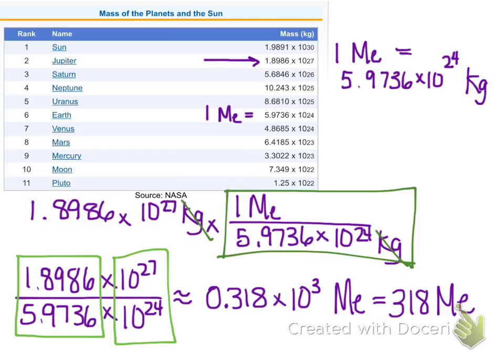So it's not useless, but you can see how important it is to have the correct unit when you're working with something. Okay, so we could use the same process and find out how many MEs all these other planets are. And you could actually look that up online. A lot of the tables will have the mass in MEs instead of kilograms.